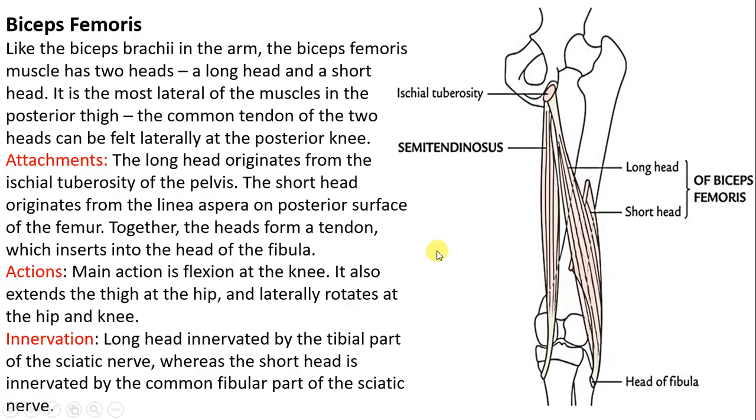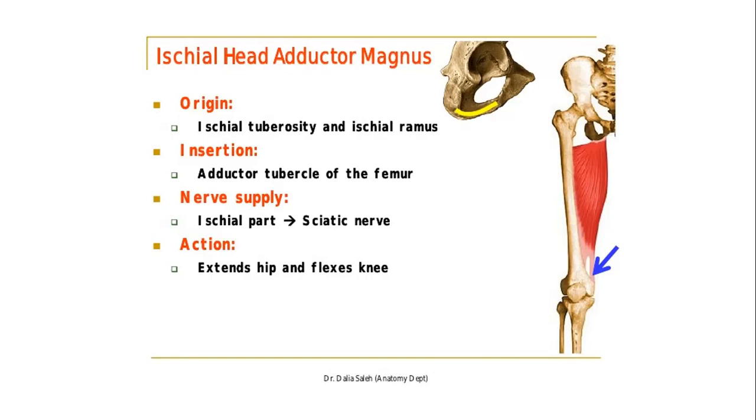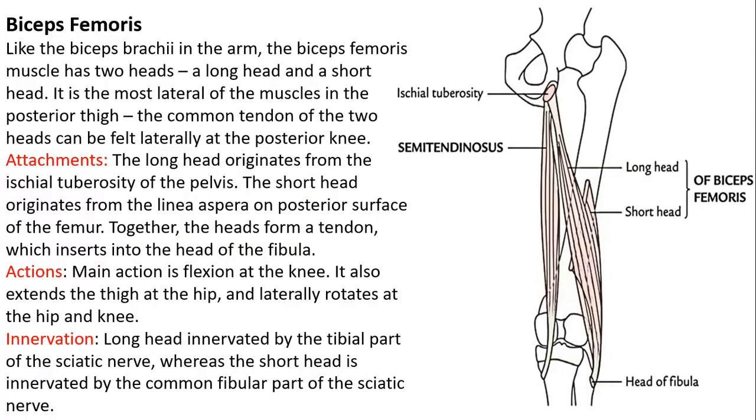They are not two nerves. But the adductor magnus is named hybrid because it has nerve supply from two different nerves: the obturator nerve for the adductor part and the sciatic nerve for the hamstring part.